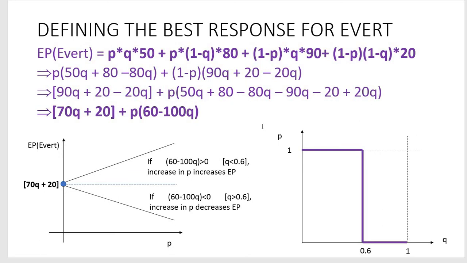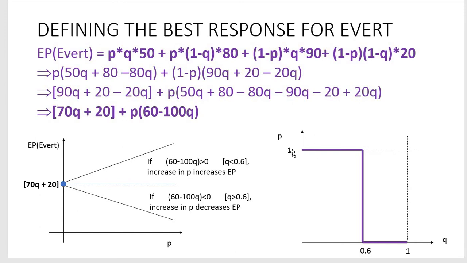So I believe it's clear, so we can proceed with best response analysis. So best response function tells you what should be the optimal value of p depending on the strategy undertaken by Navratilova, q. So what should be the most adequate response of Evert depending on any possible value of q.